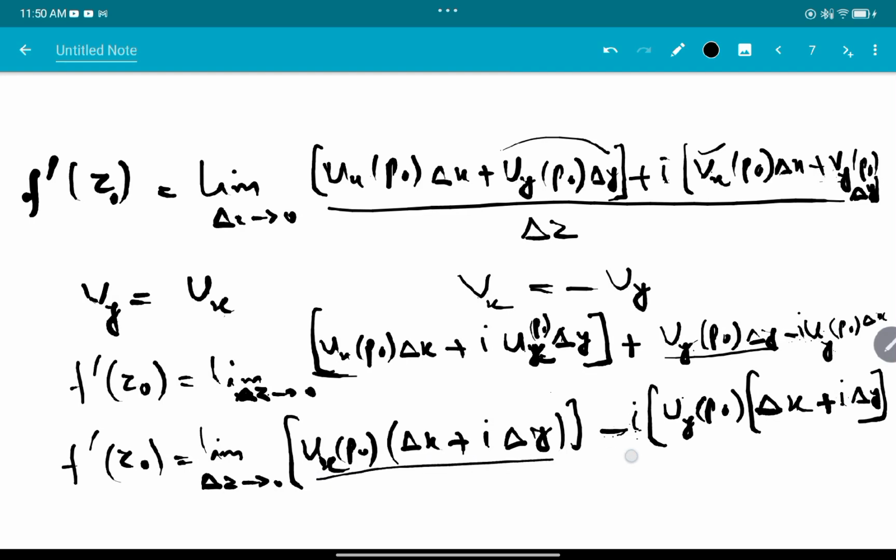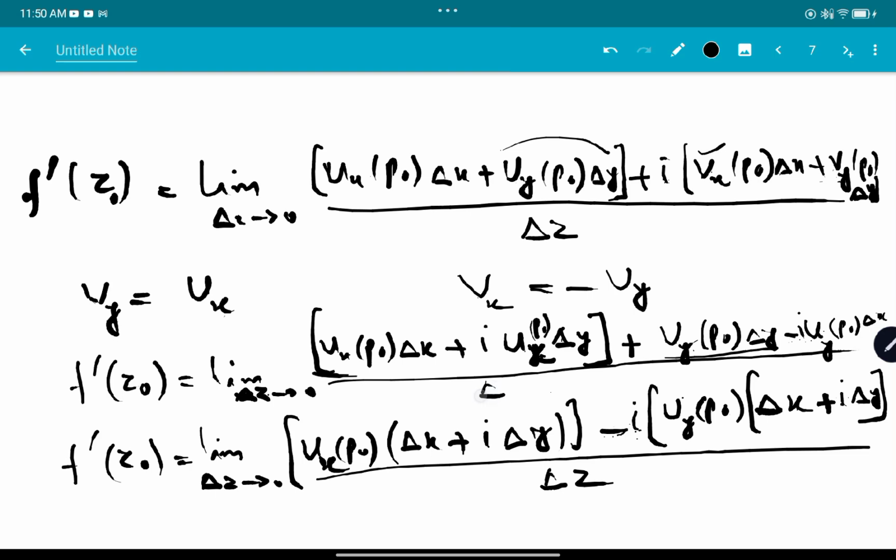Now divide by delta z. I have forgotten to write delta z here. Then this is delta z, this is delta z, and the limit as delta z tends to 0, you have ux ∂/∂x, delta z by delta z, that is 1, because delta z tends to 0 but not 0.